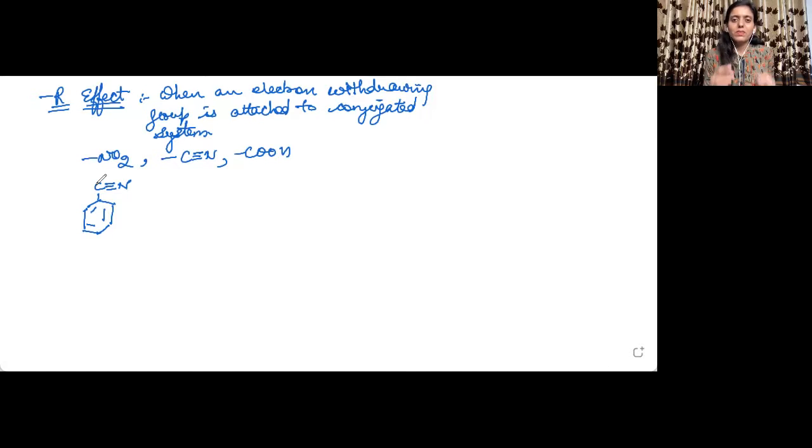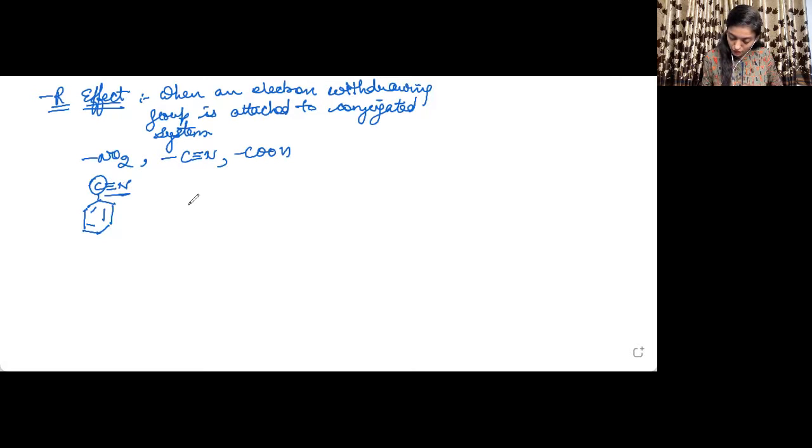If the key atom, that is the atom which is directly attached to the conjugated system, has a multiple bond with another atom which is more electronegative than it, then it will show minus R effect. Now what is the key atom here? It is carbon. Now it is attached to a more electronegative atom, which is nitrogen, through a multiple bond, that is a triple bond, right? So it will show minus R effect.